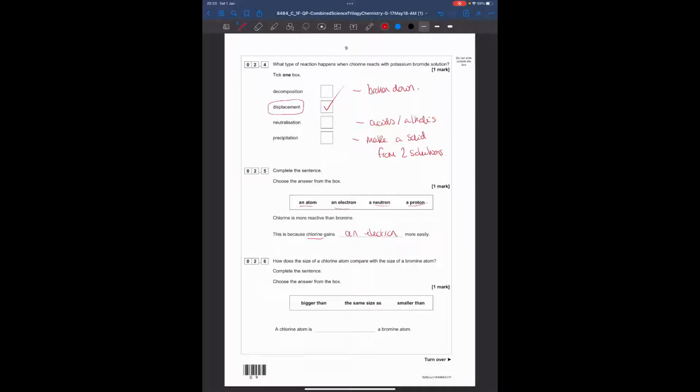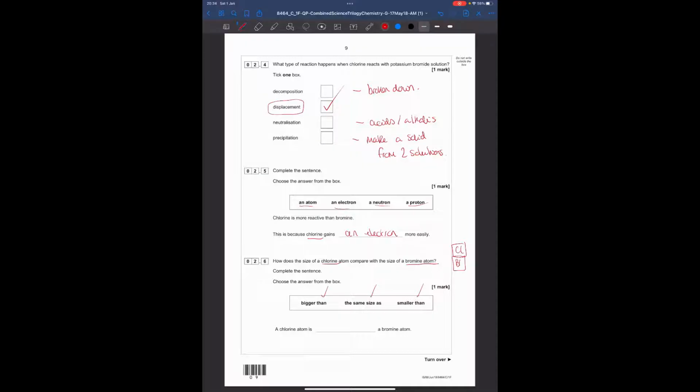Question 2.6, how does the size of a chlorine atom compare to that of a bromine atom? Complete the sentence. A chlorine atom is blank a bromine atom. So it's either bigger than, the same size, or smaller. Now, if you look at your periodic table, chlorine is higher than bromine on the periodic table.